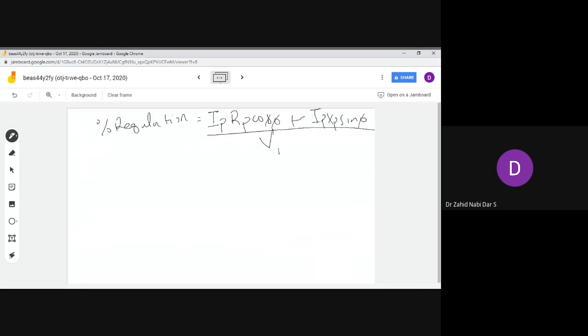So this is basically the voltage regulation. In percentage, you have to multiply by 100 in the numerator only. So I will write it again: Ip Rp cos phi plus Ip Xp sin phi, times 100. So this is your voltage regulation.